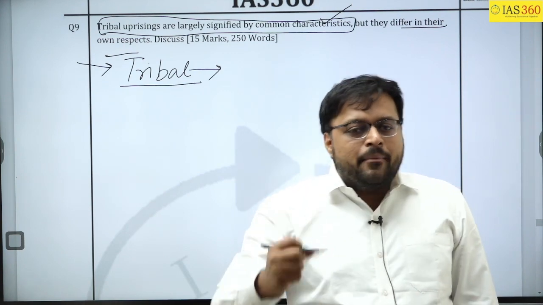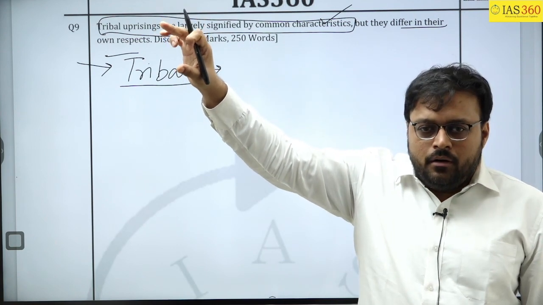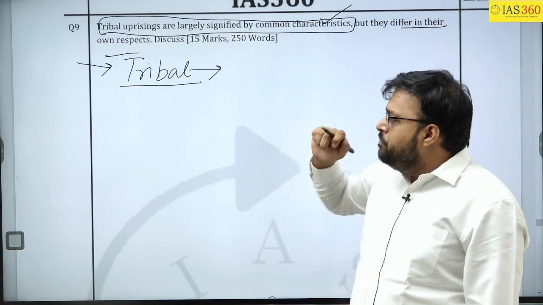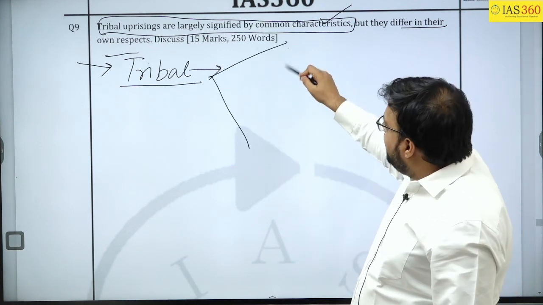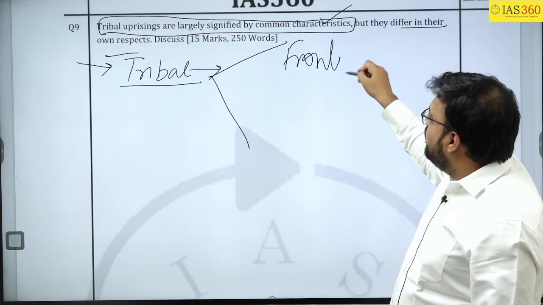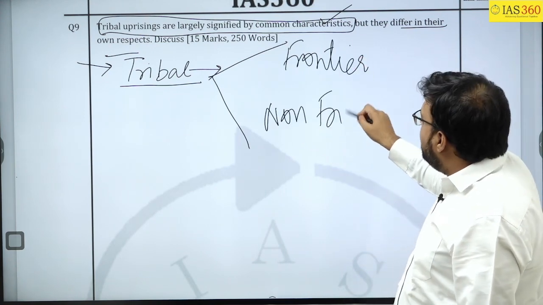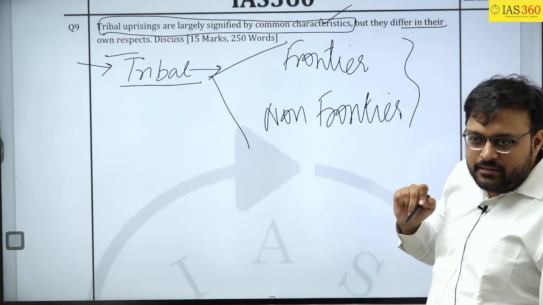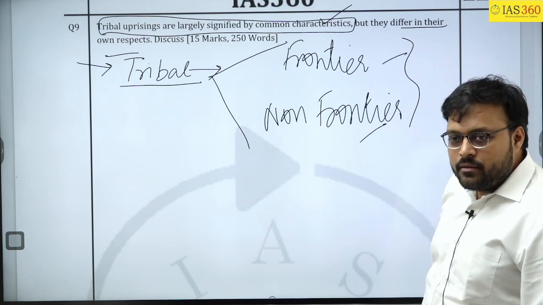So basically tribal uprising has a very long history. Okay? Now after introducing this, you can say that the tribal movements are of two types: frontier tribal movement and non-frontier tribal. So now the examiner knows that you will talk about the common characteristics and you will make a difference between these two tribal movements.